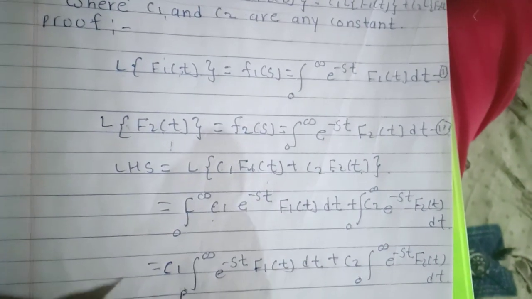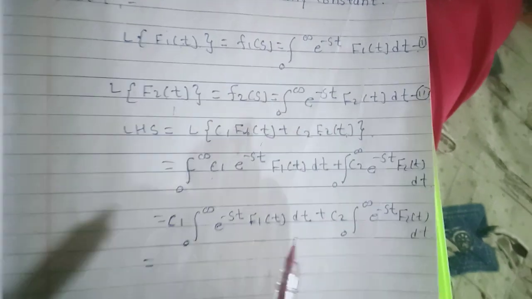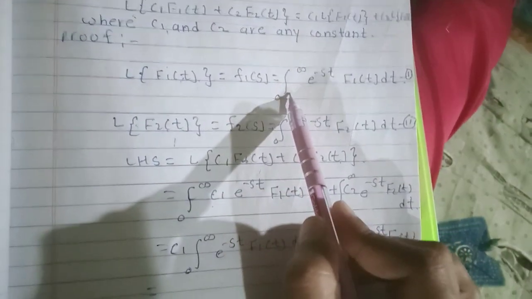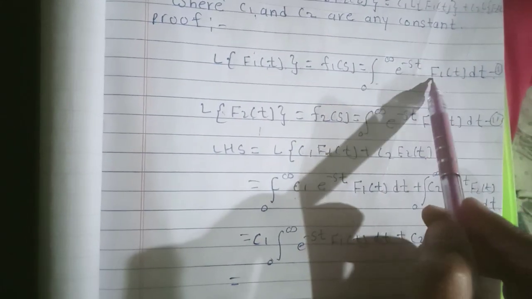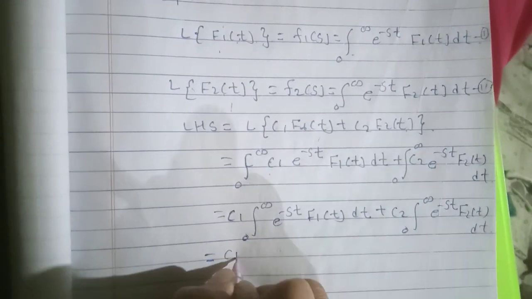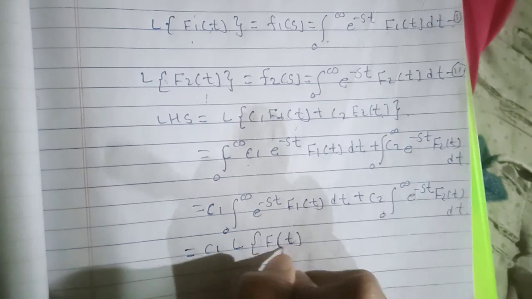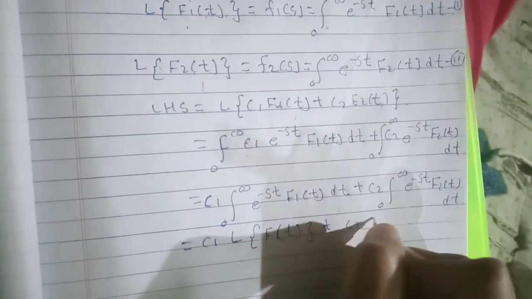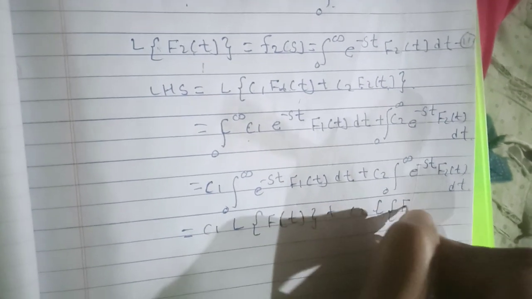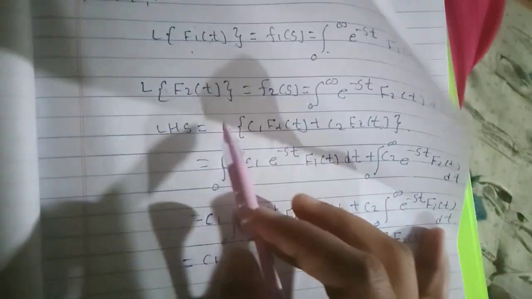But we know the Laplace transform of f1 of t is integration 0 to infinity e raised to minus st f1 of t dt, which is the same. So put here LHS: c1 Laplace transform of f1 of t plus c2 Laplace transform of f2 of t. So our theorem is proved.